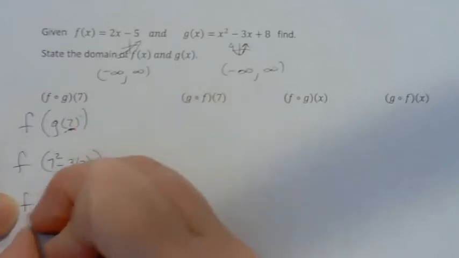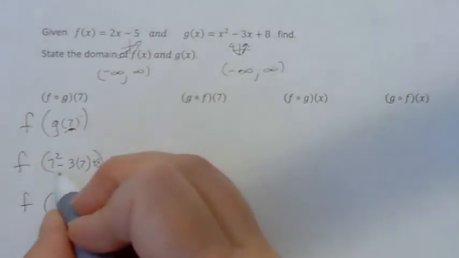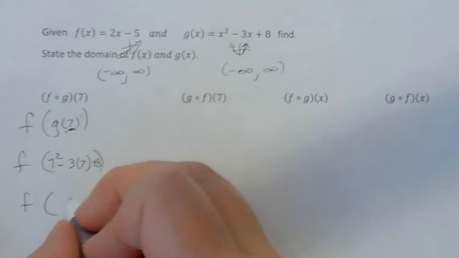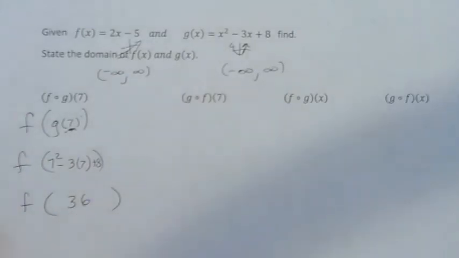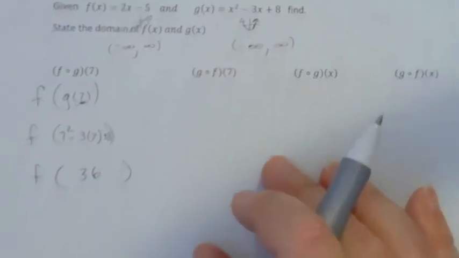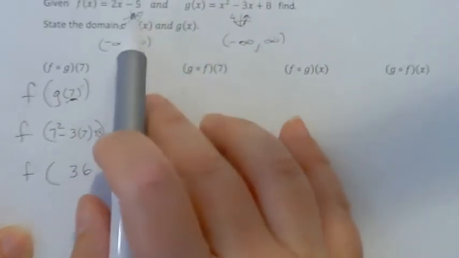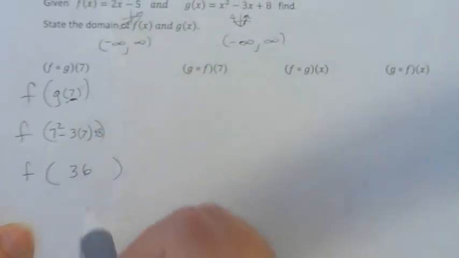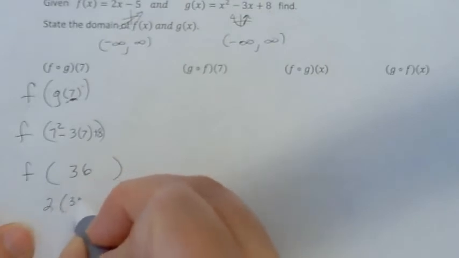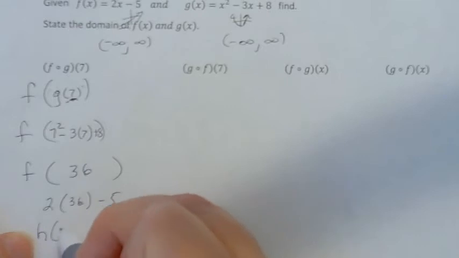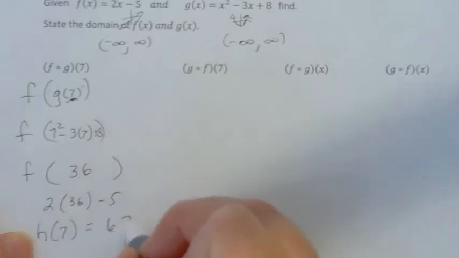And I'm going to find the answer to that. That would be 49 minus 21 plus 8, which is 36. So now I need to figure out what the f function would be if 36 is the input value. So I'm going to have 2 times 36, subtract 5. So the new function at 7 is 67.